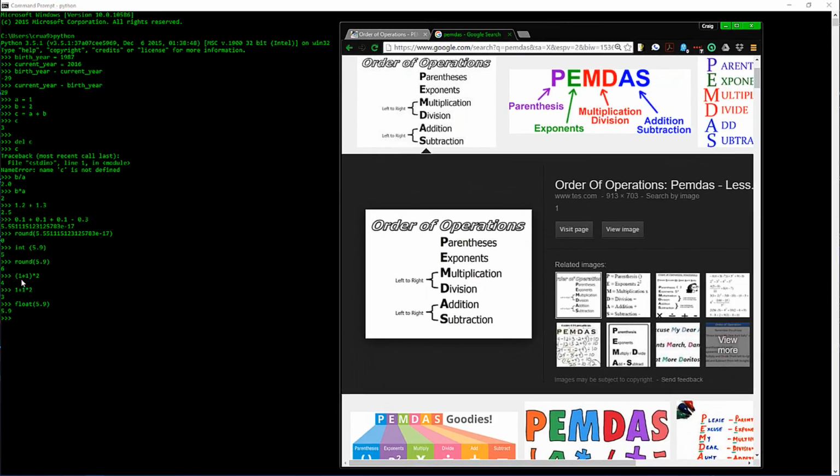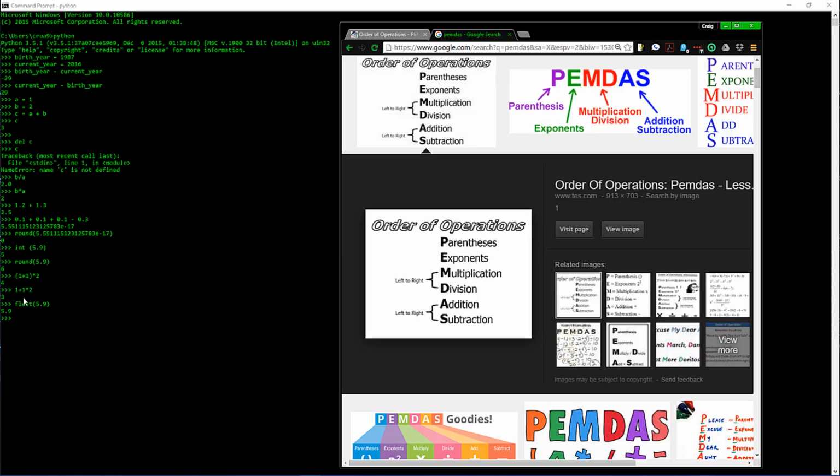As we see here, this is in parentheses, so it's going to add that, and then if we have multiplication afterwards, it's going to multiply that. So for example, with this, 1 plus 1 equals 2, 2 times 2 equals 4. It's a pretty straightforward equation.